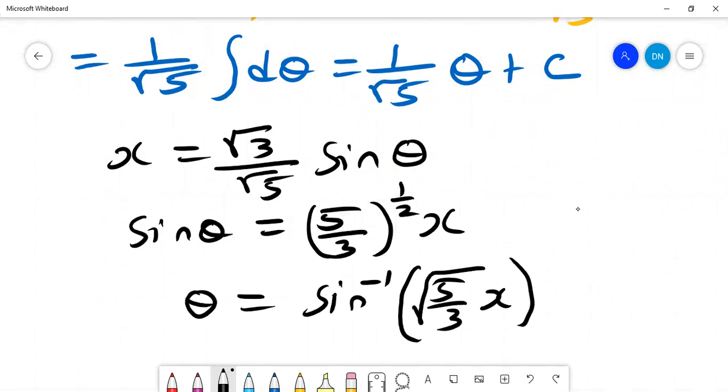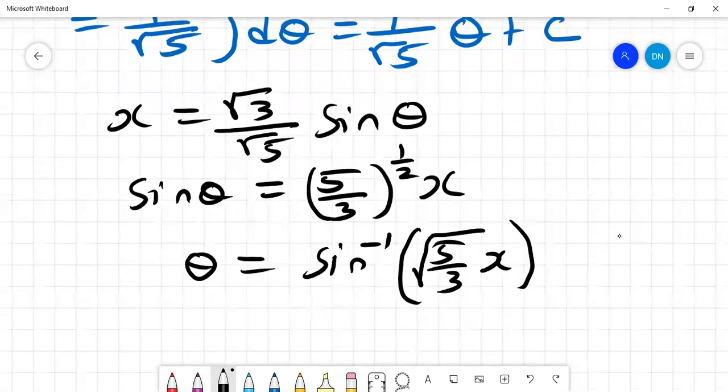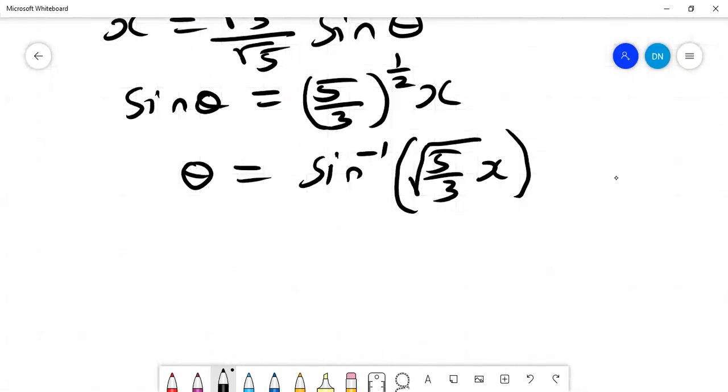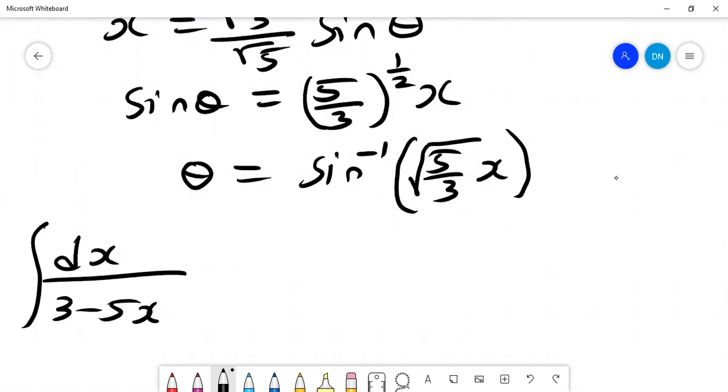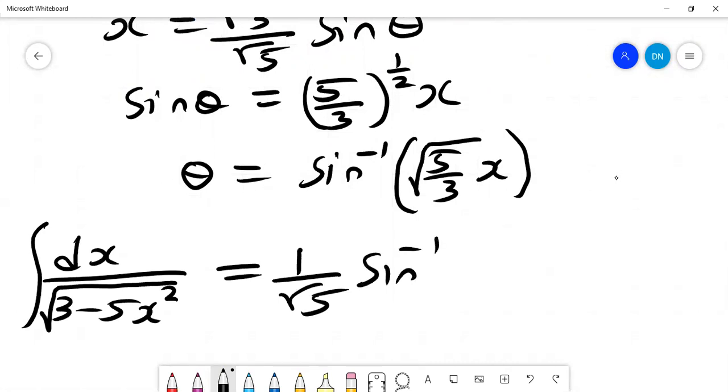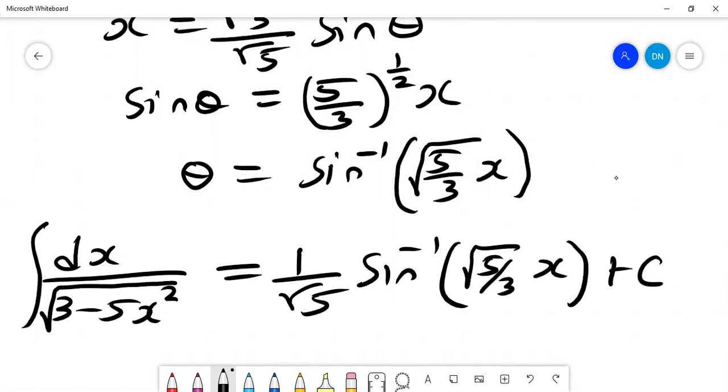Then I can substitute that into the equation, and therefore I can comfortably say that the solution for my integral, dx over the square root of 3 minus 5x squared, is equal to 1 over root 5 sine inverse of the square root of 5 over 3 x, plus c.